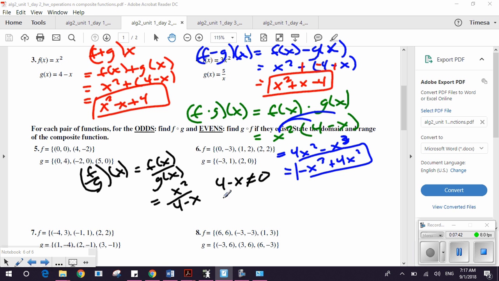So the first thing I would do is subtract 4, which would leave me with negative x not equal to negative 4. And then divide both sides by negative 1. So you would have x cannot equal 4. And again, that is for number 3.